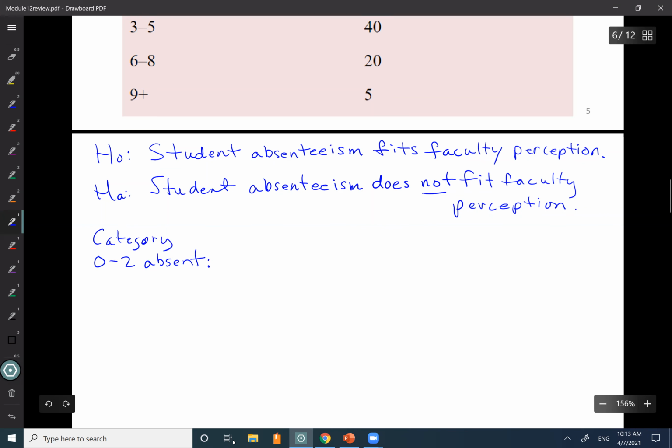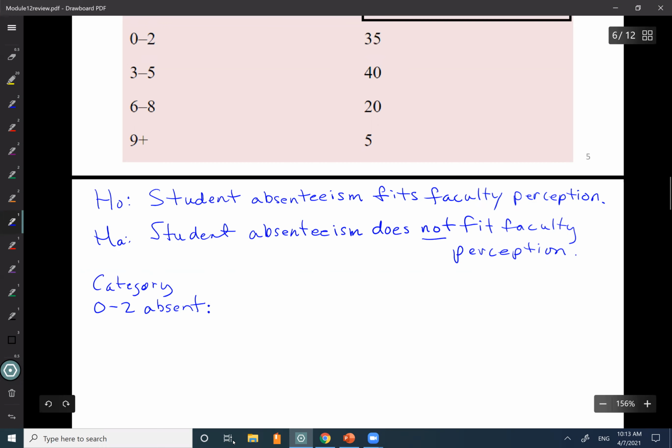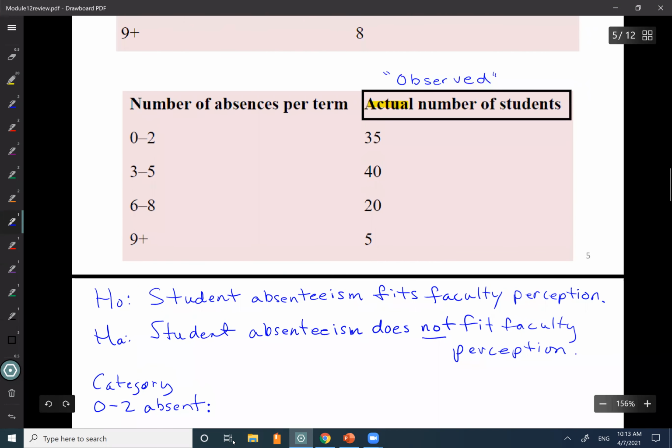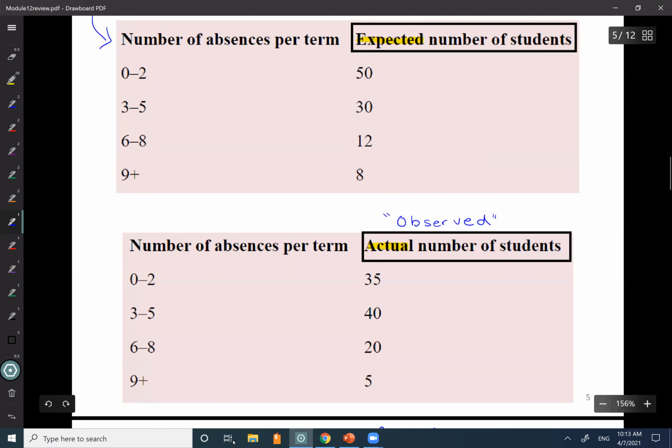Okay, so we want that. And then we can go, what would be the contribution to our chi-square formula? So the contribution to our chi-square formula, we know it's observed, subtract expected, all squared, divided by the expected.